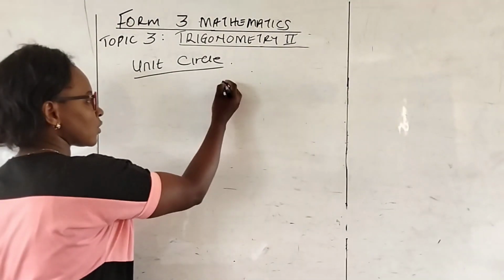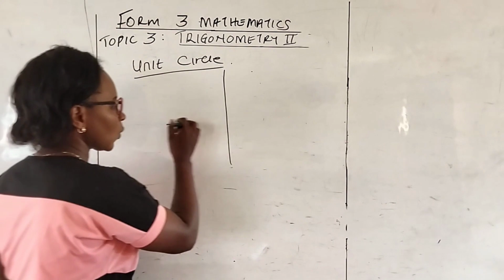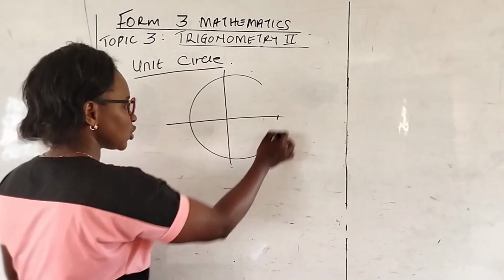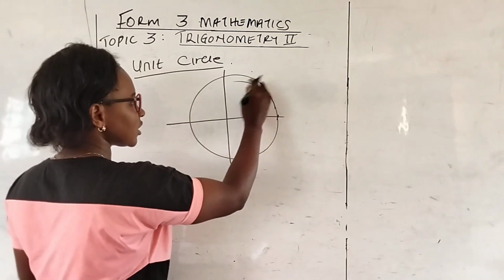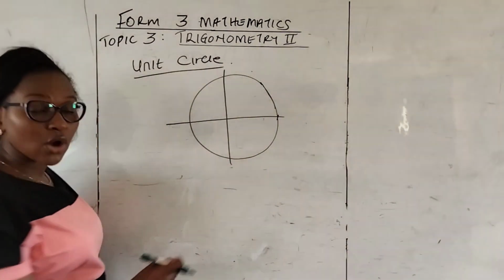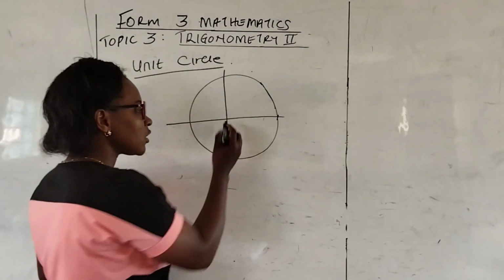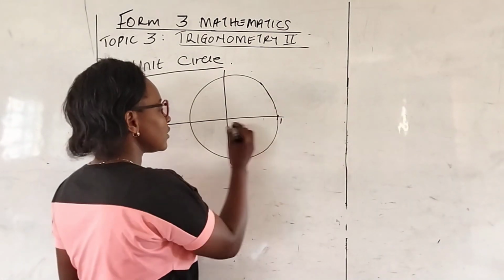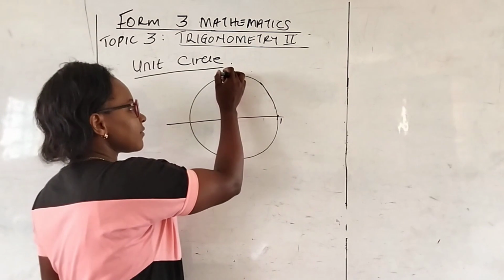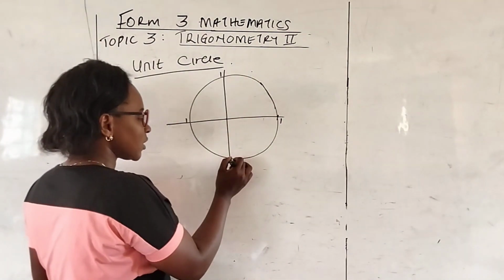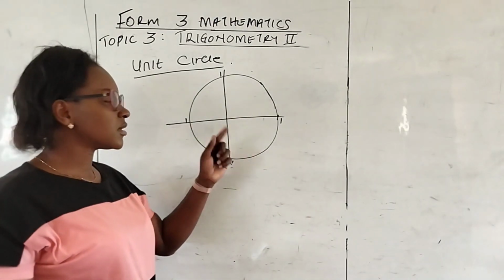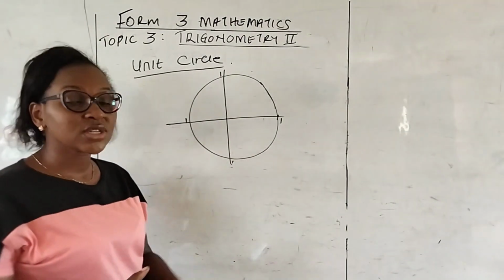So we have a circle whereby the radius is 1 unit. The radius for this circle of ours is 1 unit. From the center to the circumference is 1 in all the parts. The radius is 1. That is our unit circle.